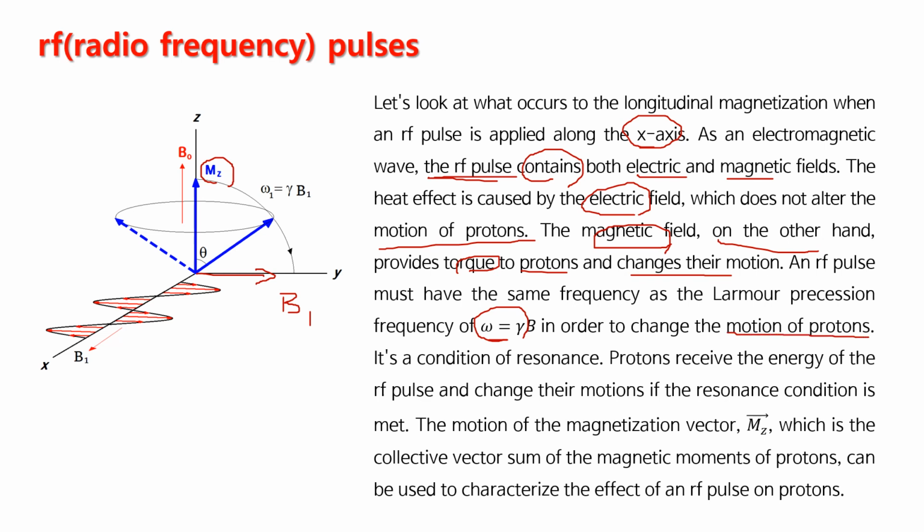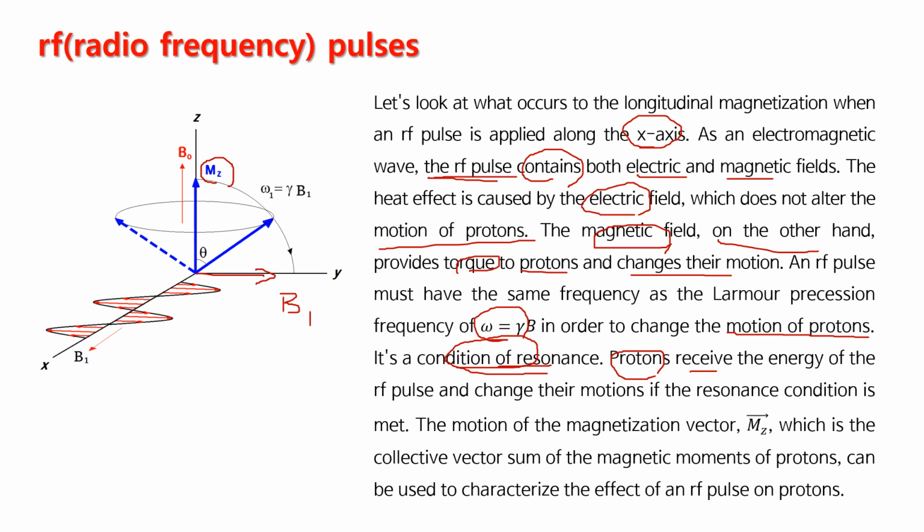We already mentioned the resonance condition. So this is actually a resonance condition. We have to supply the same energy of electromagnetic wave, which is the energy difference between two energy levels of nuclear spin. Protons receive the energy of the RF pulse and change their motion if the resonance condition is met.